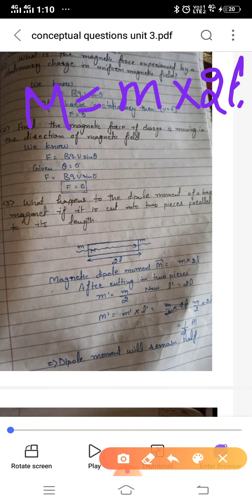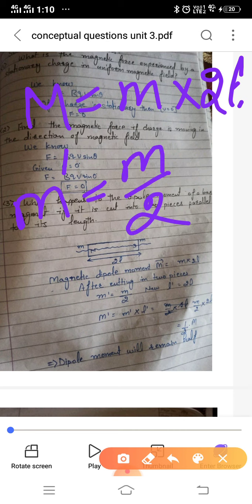Okay, so when you are cutting it in parallel, then what will happen to strength? So after cutting, m dash, means new strength, will be half of the original strength. Once again I'm telling you that new strength will be half of original strength. What happens to length? Parallelly means length will not change.